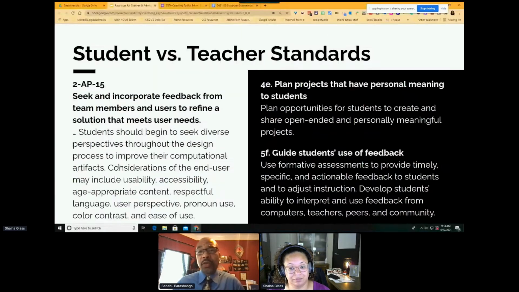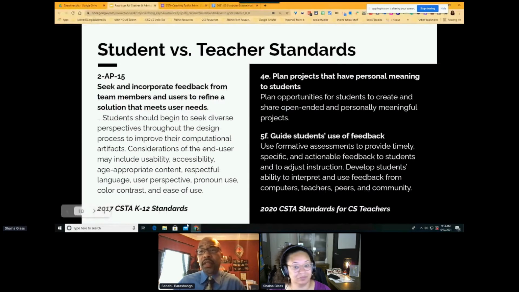Okay, so we talked about the student standards and the teacher standards. So here's a comparison and differentiation between the two. Of course, the student standards deal with what the student needs to know: the learning outcomes and objectives by the end of that computer science course.